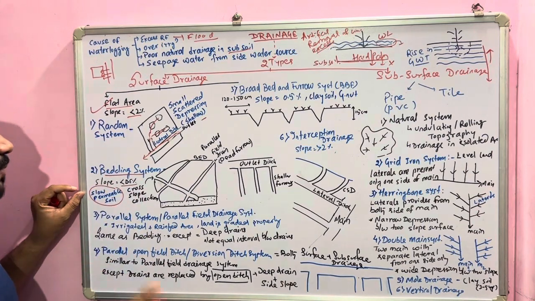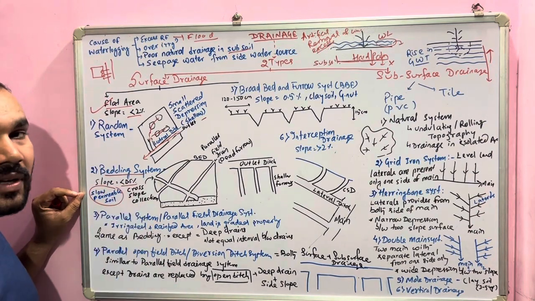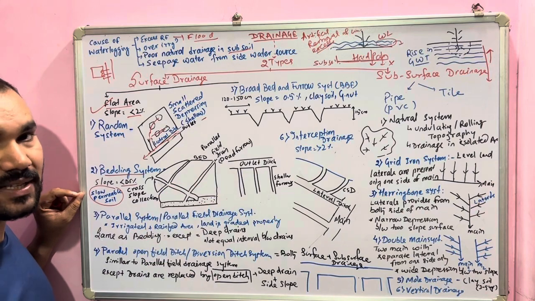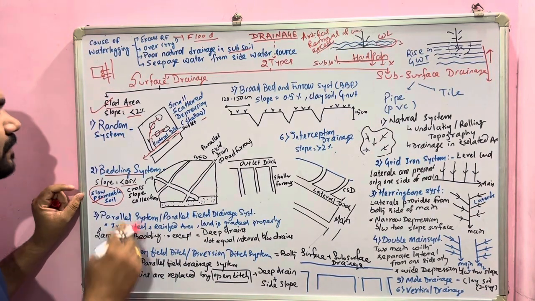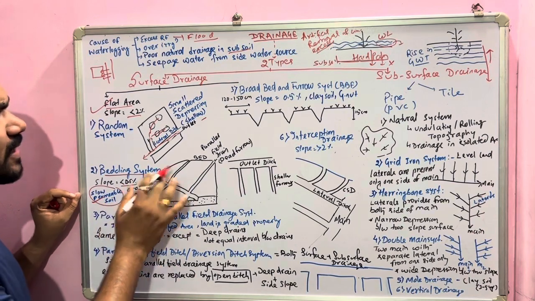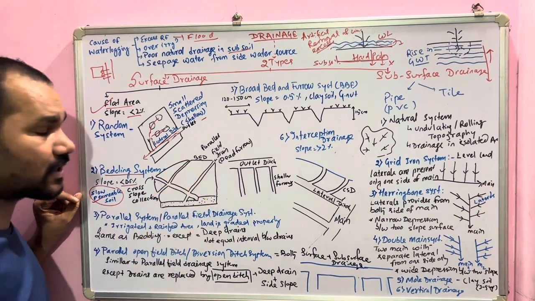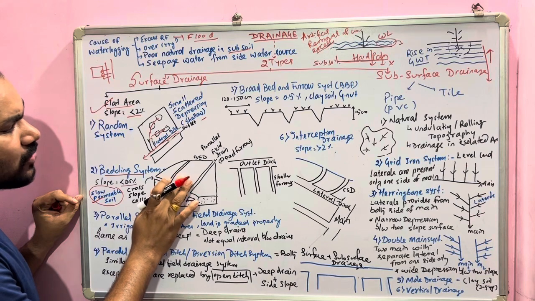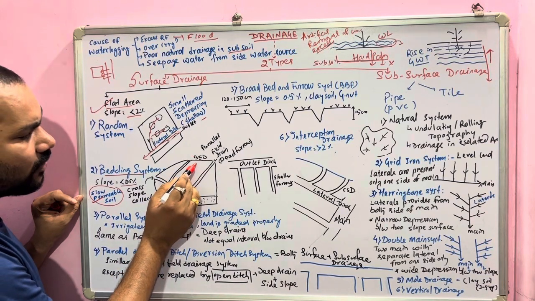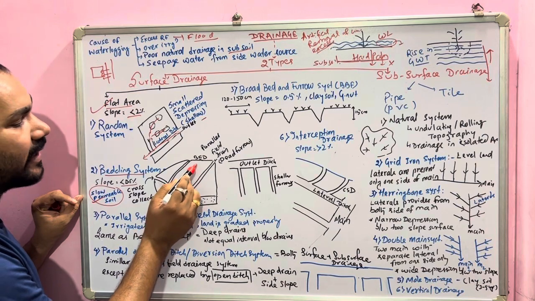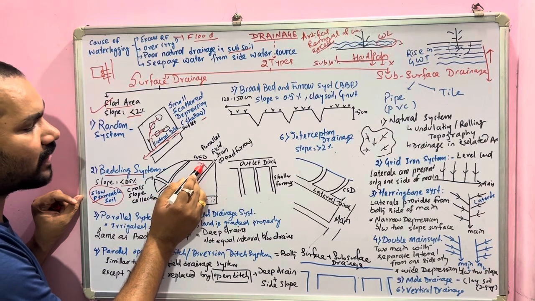First condition is the slope of the bed should be less than 0.5%, and the soil should be slowly permeable. So basically here the bed is not that flat, this bed is somewhat elevated. That means if any rainfall is there, now if this middle portion is somewhat elevated, the excess water will drain out.